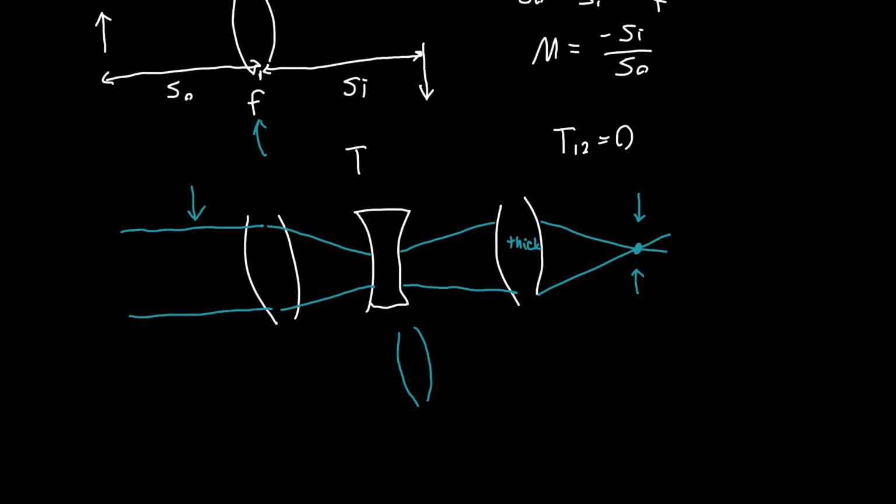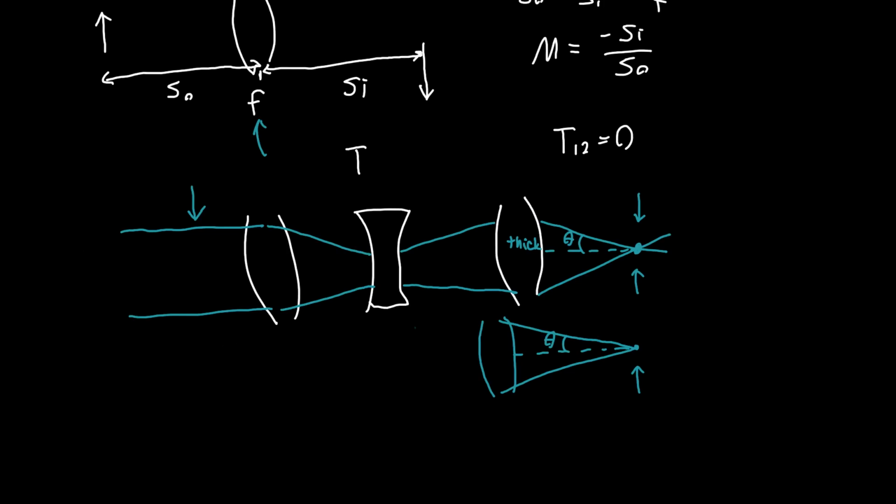So what we'd like to do is find the equivalent thin lens. So if we put a thin lens here, maybe that lens acts exactly like this whole system in that it focuses to the same point and it's got the same angle. It's got this same converging angle theta.